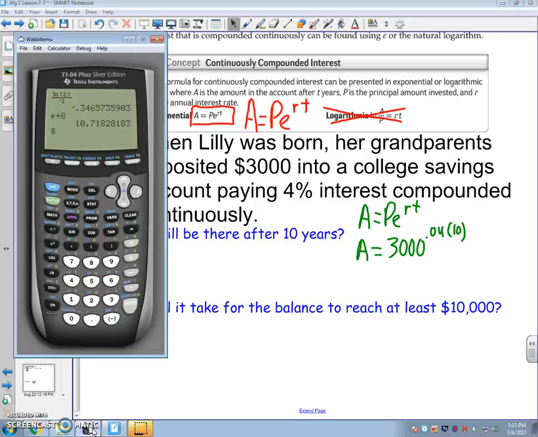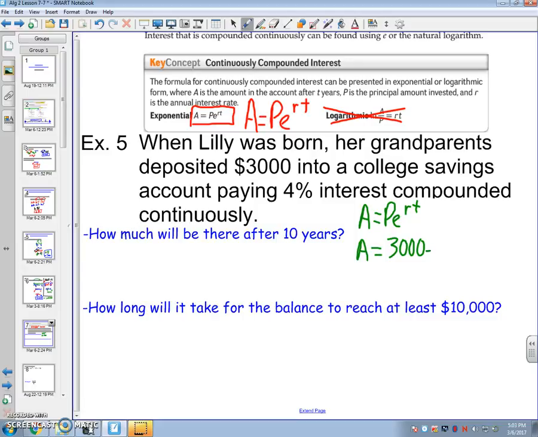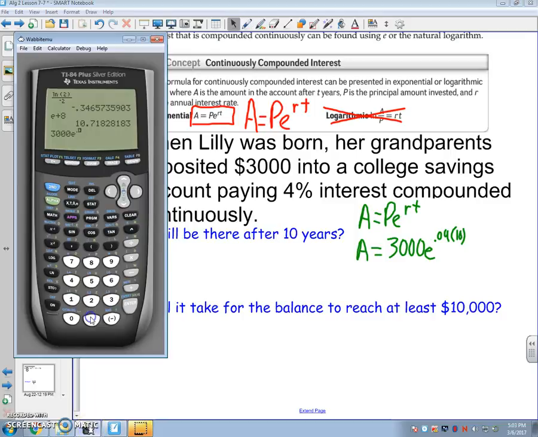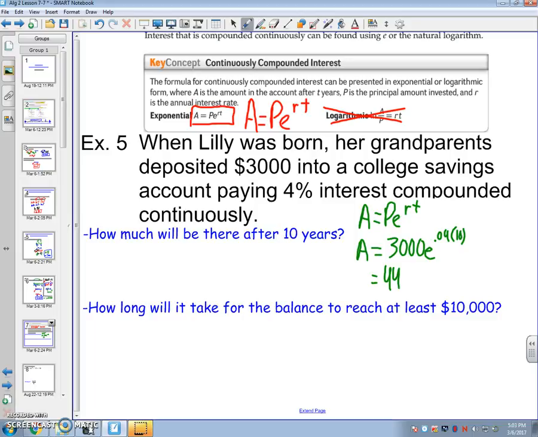3,000 times e to the 0.04 times 10. So e to the 0.04 times 10 gives me 4475.47.